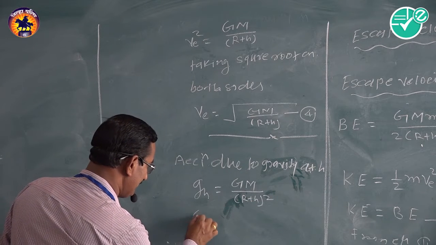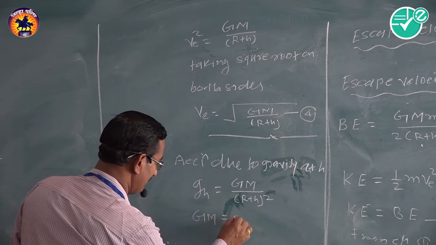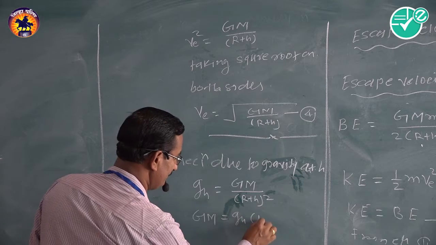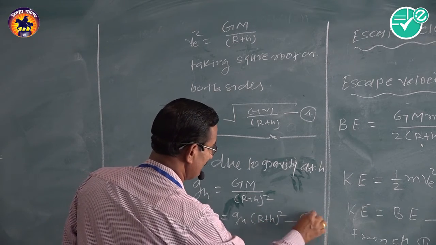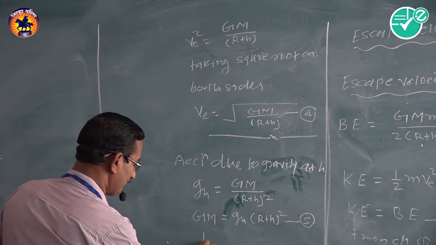Then simplify this: G M is equal to g_h (R plus h) bracket square, and that is equation 5.